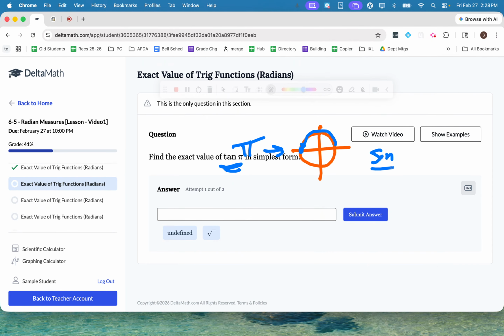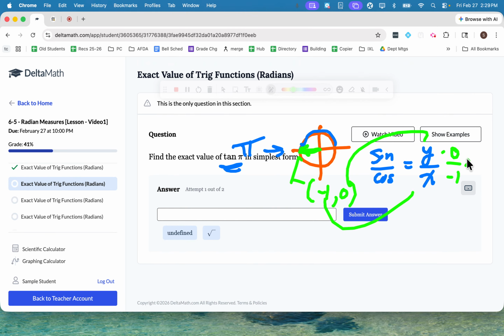Tan is sine over cosine, which is equivalent to saying it's the y value of that point over the x. The y value of this is 0. The x value of this is negative 1. So y is 0, x is negative 1. That value, 0 over negative 1, is 0.